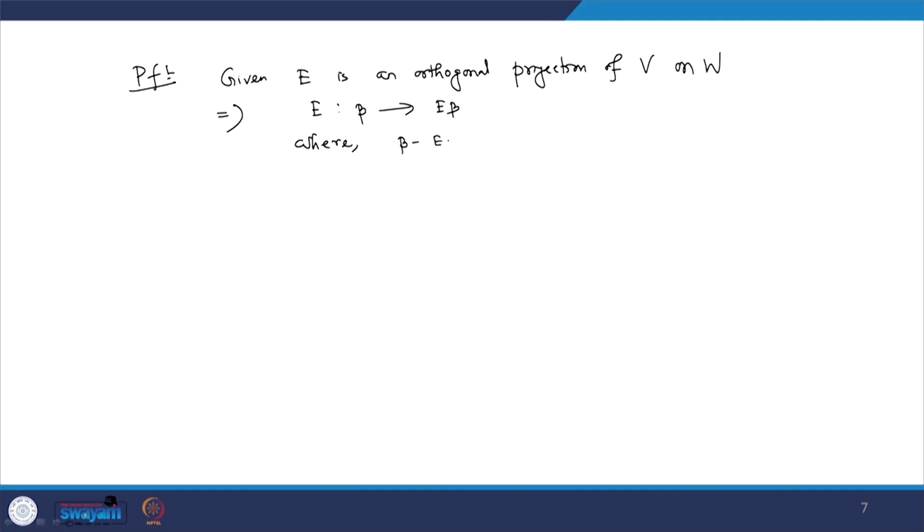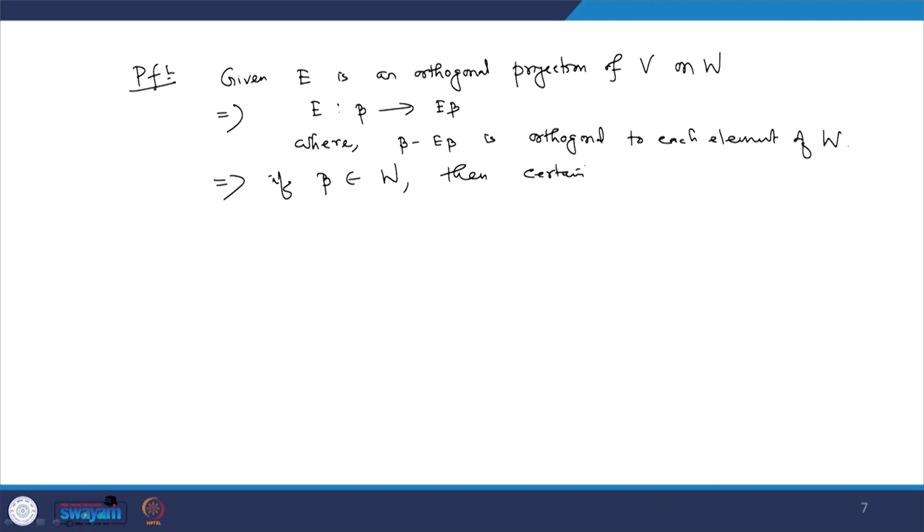Beta minus E beta is orthogonal to each element of W. This means E beta is the best approximation of beta on W. So, if beta belongs to W, then certainly E beta will be equal to beta, so the best approximation of beta on W will be itself.